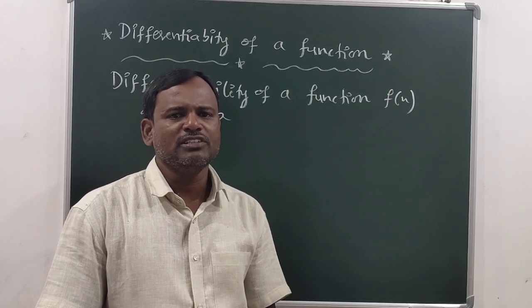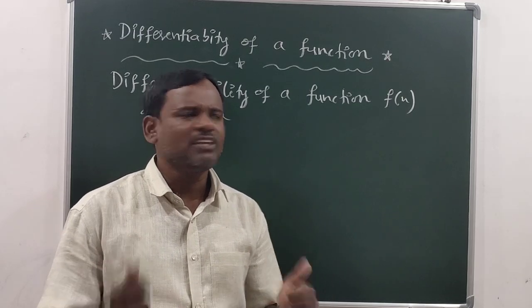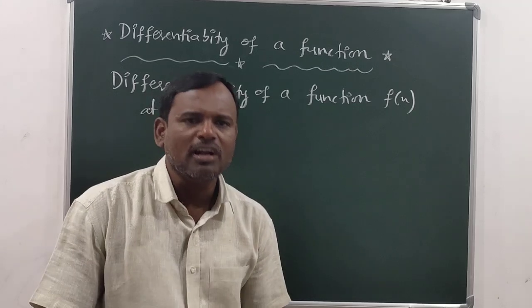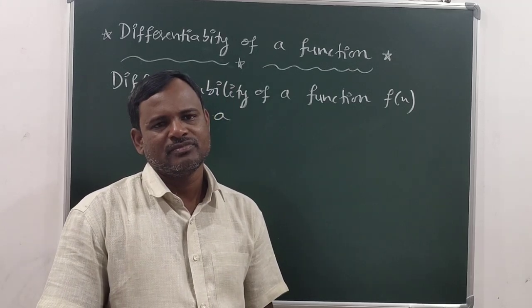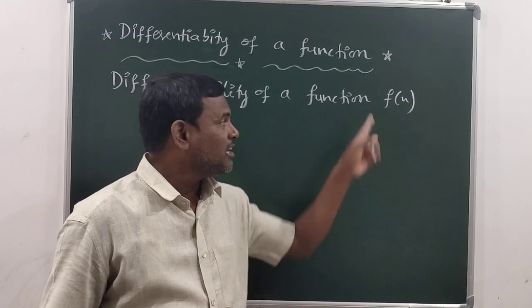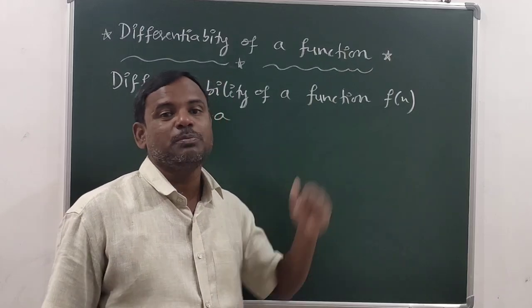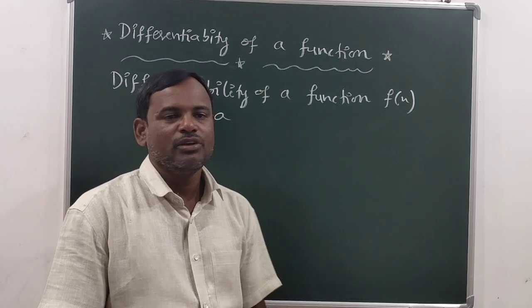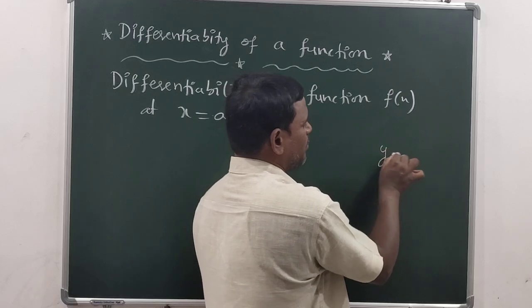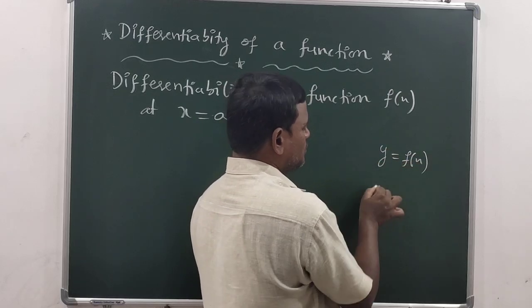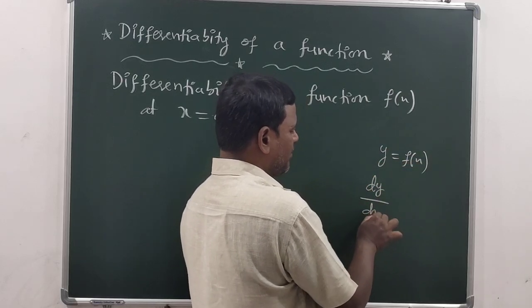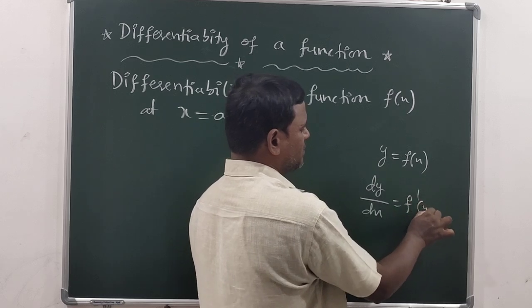What is the meaning of differentiability? Whether the differentiation of the function is possible or not, you have to check. Whether the derivative of the function is possible or not, you have to check. You know, if the function is given y equal to f of x, whose derivative is dy by dx, otherwise f dash of x.